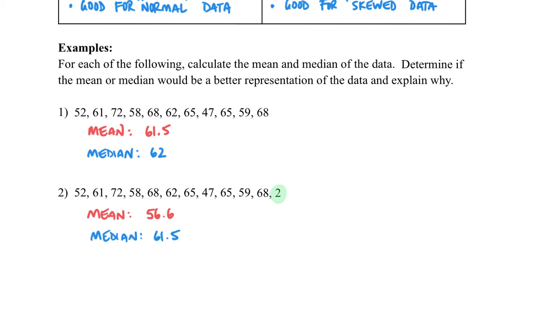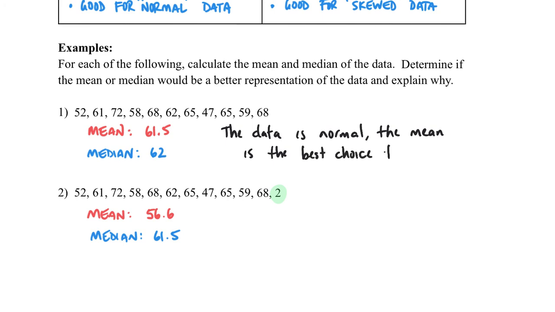So if you have normal data, or symmetrical, if you will, then the mean is the best choice to represent the sample.